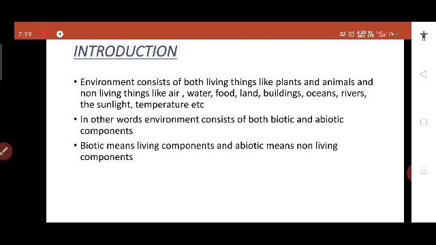Biotic means living components and abiotic means non-living components.